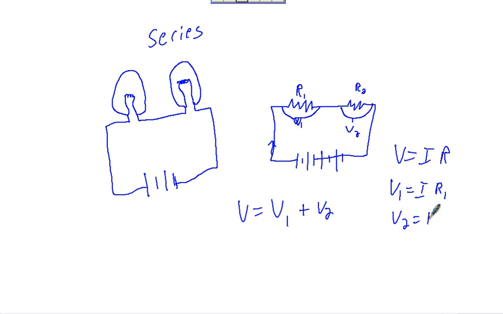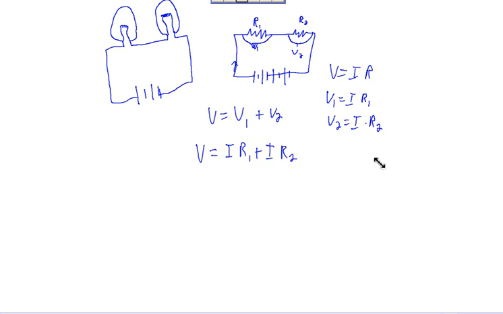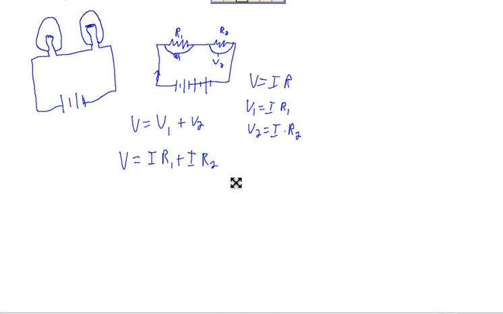So the total voltage we can now say is I times R1 plus I times R2. Both of these terms have an I in them, so we can factor an I out and get I times (R1 plus R2).